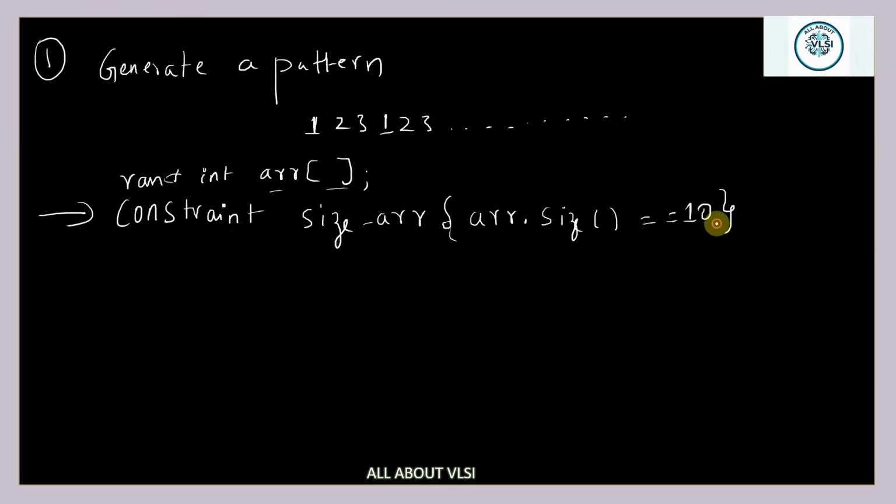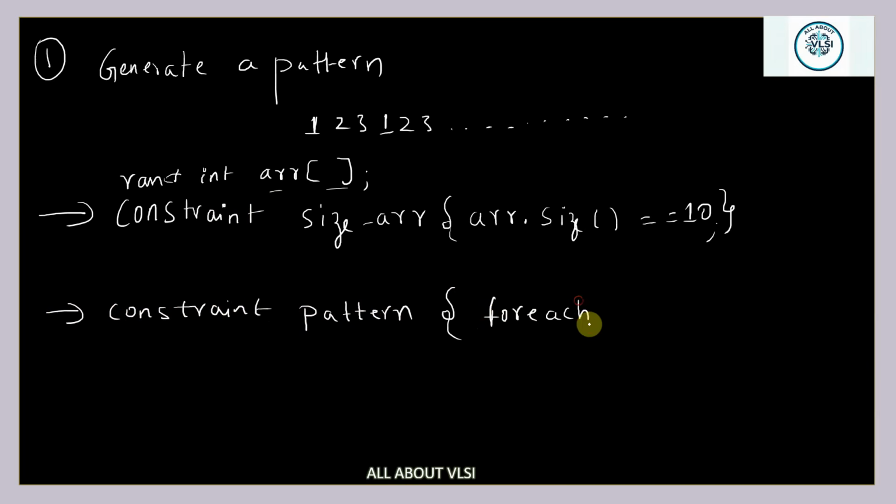After giving the size, I need to get my pattern, so I'm going to take a for loop. In this class I'm going to take one more constraint, let's say constraint pattern, and in it I'm going to take a foreach loop.